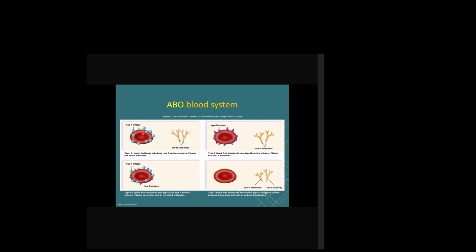Okay, let's say I am blood type A and somebody that is blood type O wants to give me blood. They would have antibodies against A and antibodies against B in their blood. Do you think these A antibodies will go and bind to my red blood cells and destroy mine?